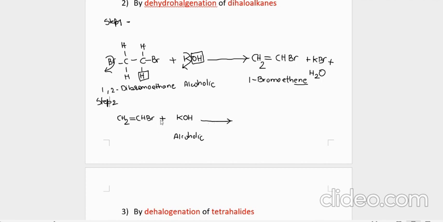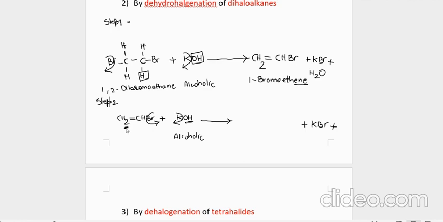Now the same thing is going to repeat. So you have potassium and you have Br. It will be removed. So the byproduct is KBr. Okay, the same byproduct, and now you have OH and hydrogen from CH2.